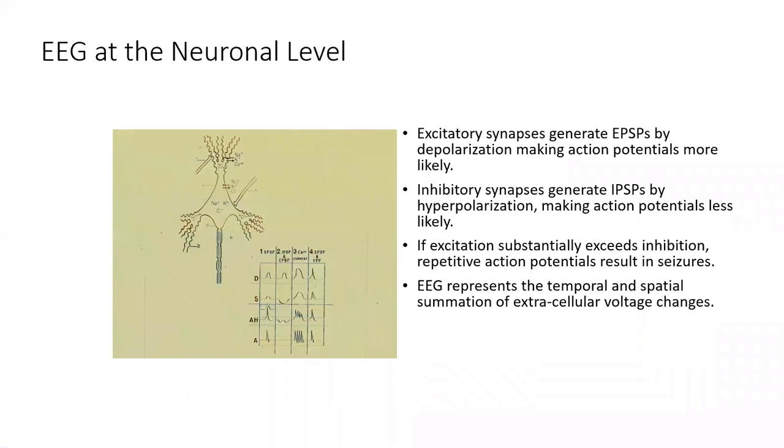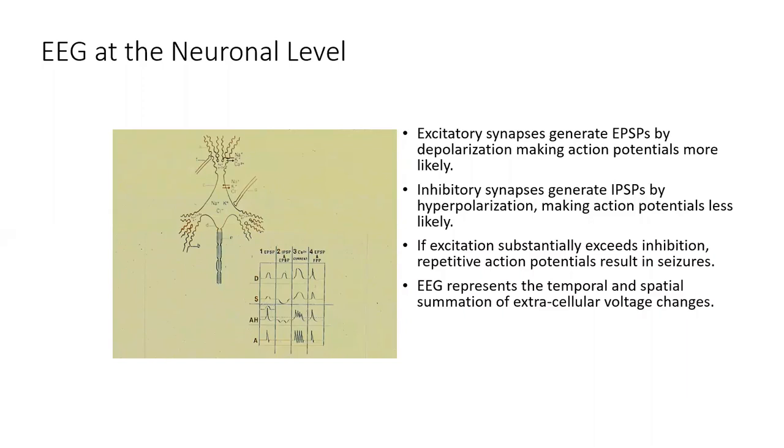So let's get started. When we talk about EEG, what are we really talking about at a neuronal level that occurs in the brain itself? The EEG records electrical activity of the cerebral cortex. This activity is small. It's measured in microvolts, and it takes about 6 square centimeters of cerebral cortex to generate a signal that we can record.